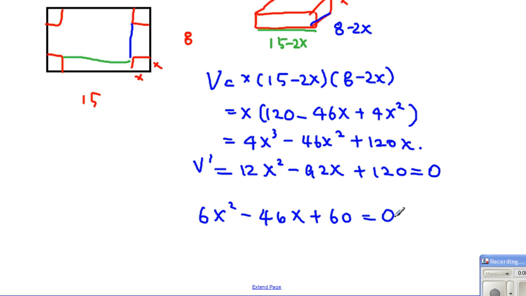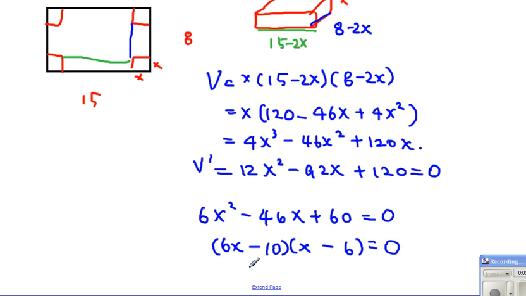Now we can factor this one: 6x, and here minus 6, minus 10. Here becomes 36 and then minus 10.